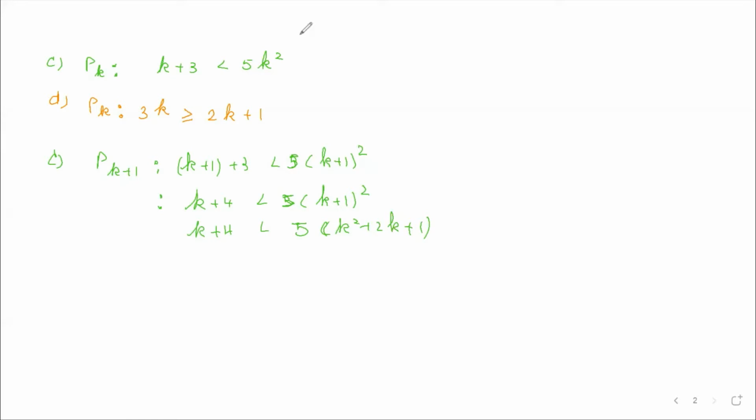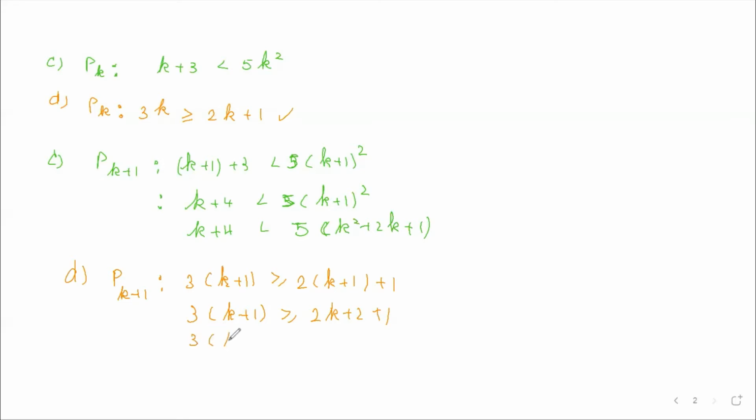Now we do the last one, question D. Again, replace k with k plus 1. Then this one becomes k plus 1 greater than or equal to, replace k with k plus 1, so we have this and plus 1. Now simplify it: k plus 1 greater than or equal to 2k plus 2 plus 1.